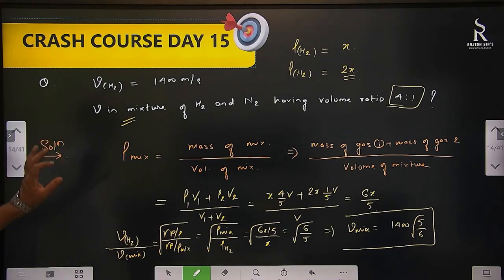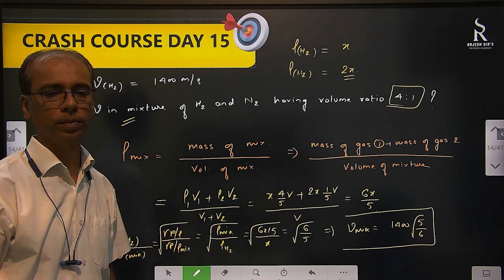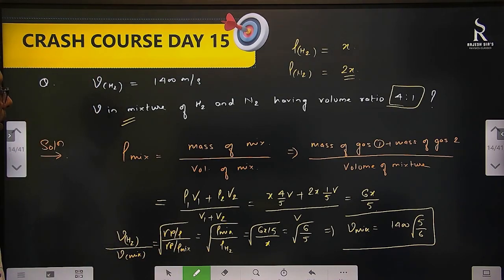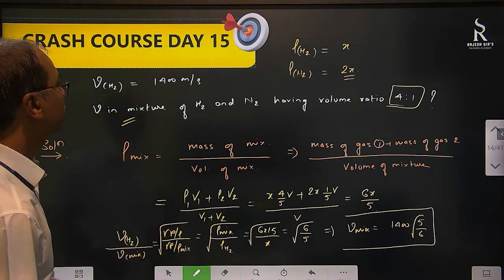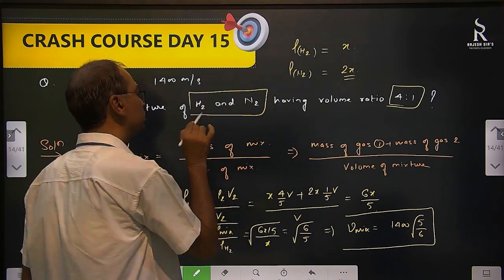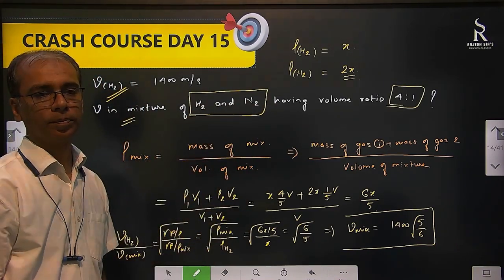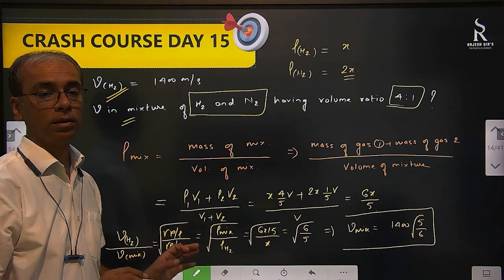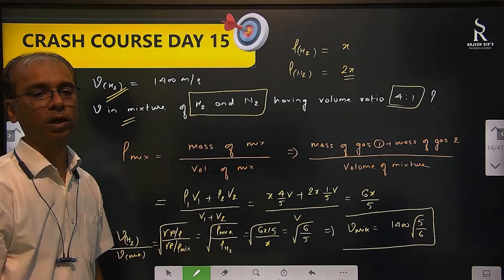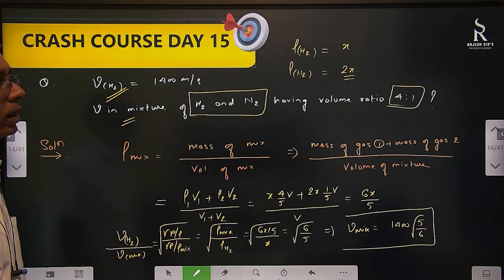So this we solved with the help of formula root gamma p by rho, and gamma is same here. Why? Because hydrogen is also diatomic and the mixture is also diatomic. If mixture is changing, then we have to find gamma for the mixture. That we saw how to calculate in kinetic theory of gases, how to calculate CV of the mixture. If you don't remember, again we can write that.